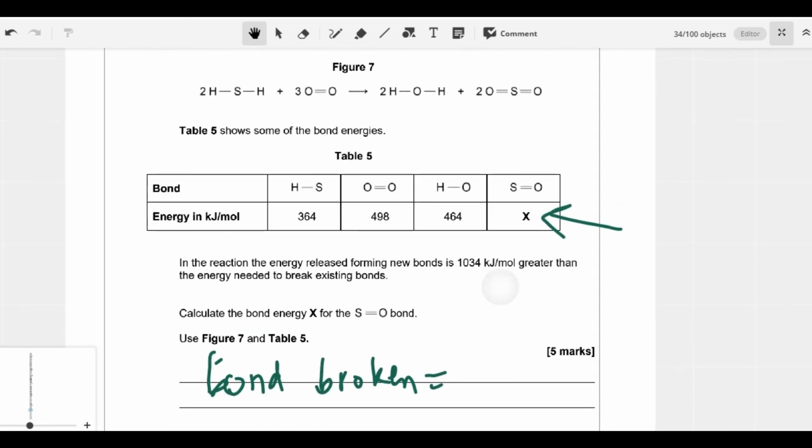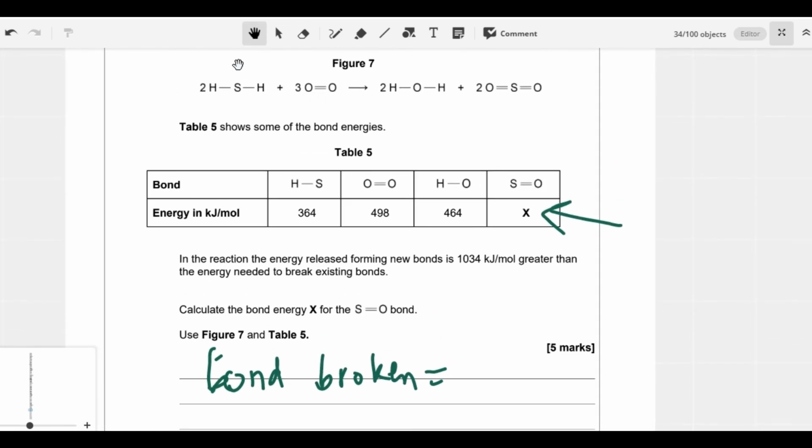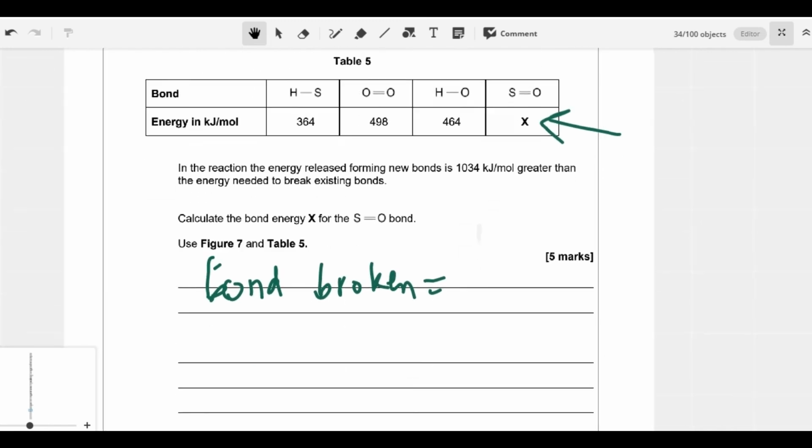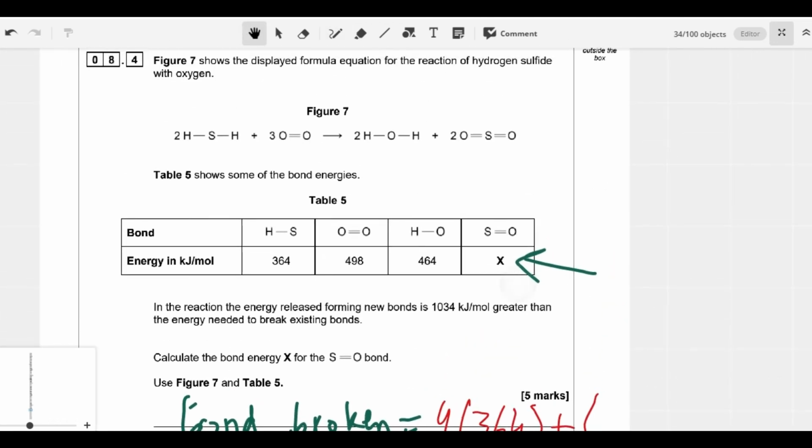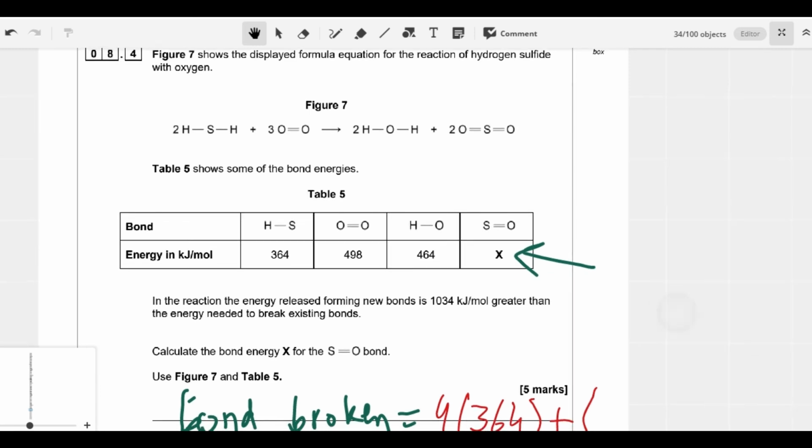Here you can see there are 4 H-S bonds, because 2 moles of H2S contain 4 H-S bonds each. So you have to write 4 times 364, plus the next one, 3 oxygen bonds, like 3O2.